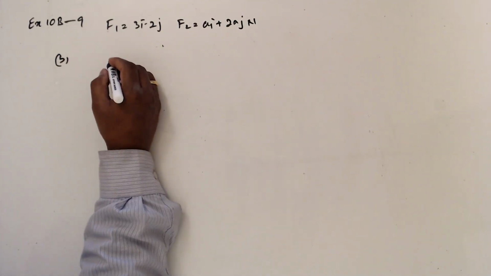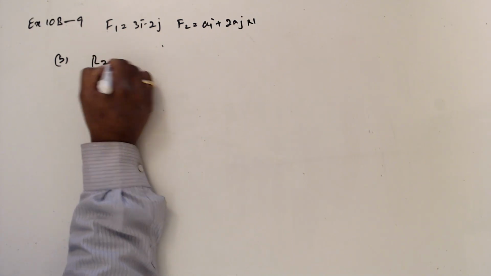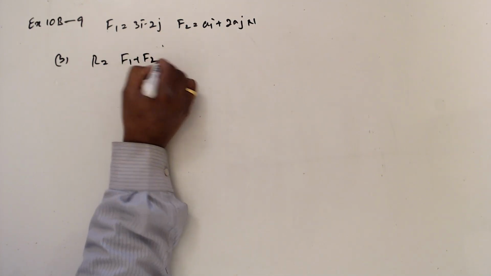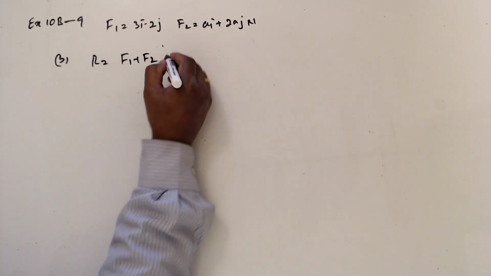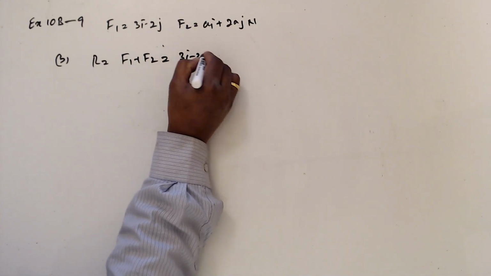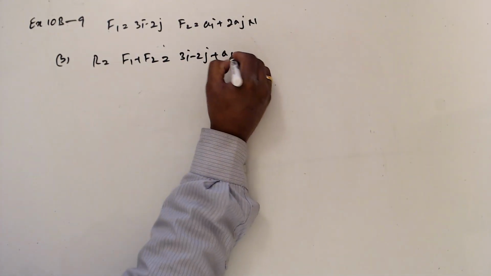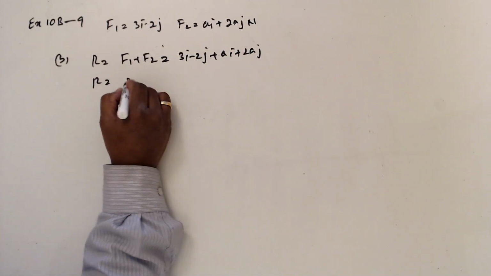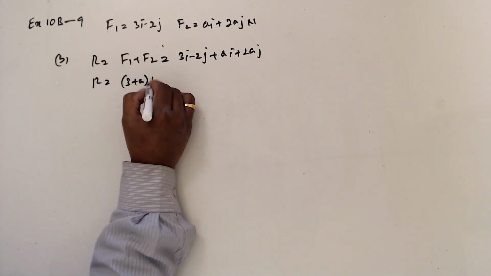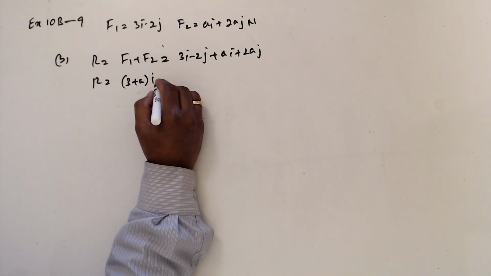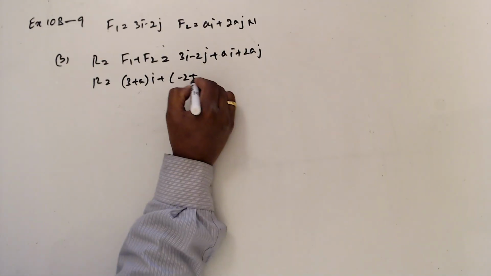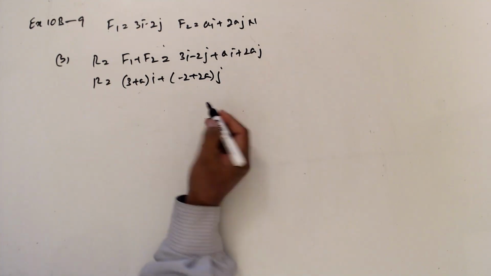Part B: the resultant force of F1 and F2 is R. So R equals F1 plus F2, the resultant force: 3i minus 2j plus ai plus 2aj. So R equals (3 plus a)i plus (minus 2 plus 2a)j.